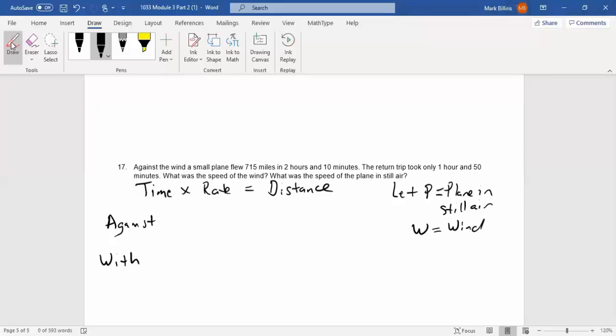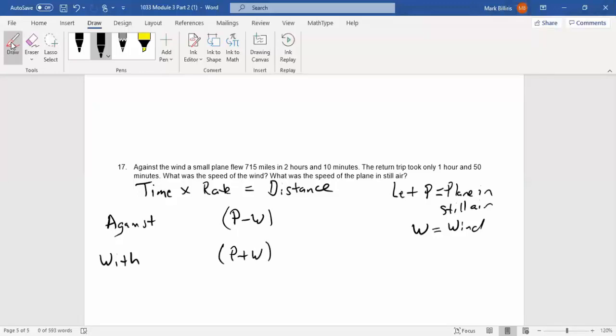When it says against the wind and with the wind, if a plane's flying into a wind, it's going to slow the plane down. If it's flying with the wind, then the wind's going to push the plane faster. So against the wind, the rate is going to be the speed of the plane minus the wind. With the wind, it's going to go faster, so it's going to be the speed of the plane with the help of the wind.